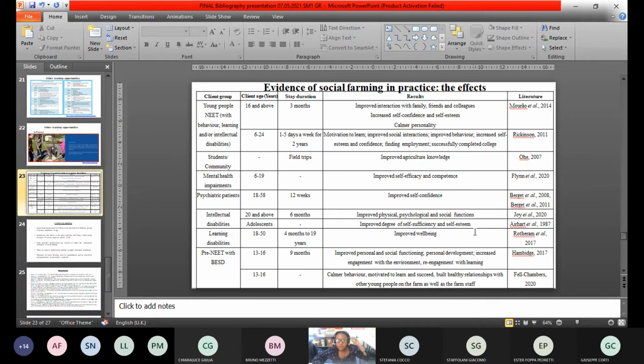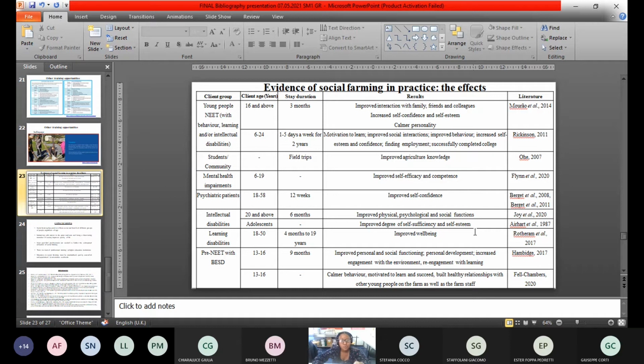And now we can have a look at the evidence of social farming in practice. It can be noted that from the works of Marau from 2014, there was a group of young people who were not in employment, education, or training, who were placed on a social farm for a time period.